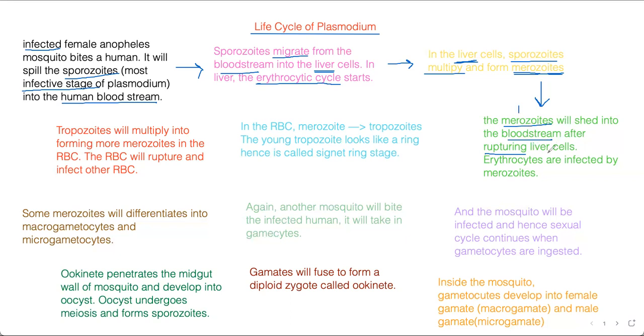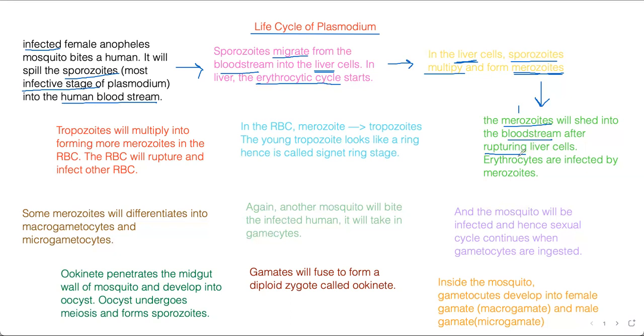Okay, so the sporozoite will form merozoites and grow in number. It will kill the liver cell, and when the cell ruptures, the merozoites will shed into the bloodstream.